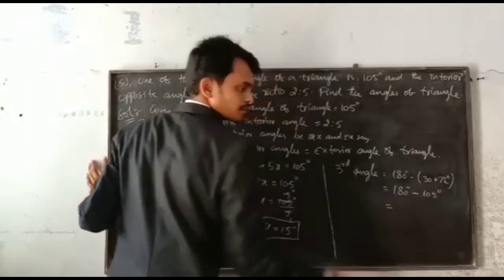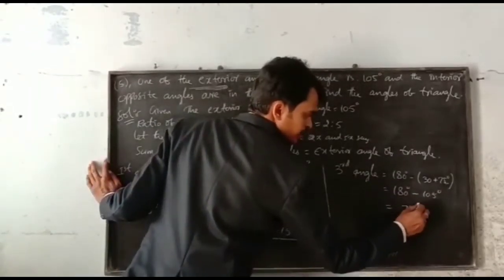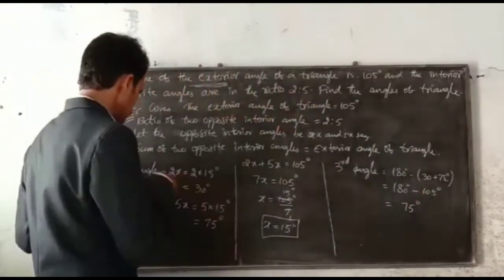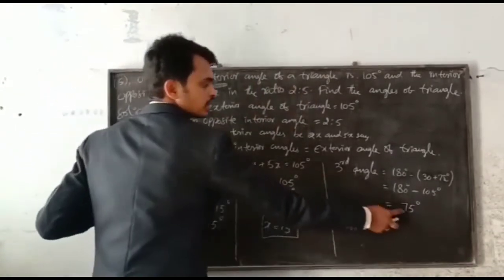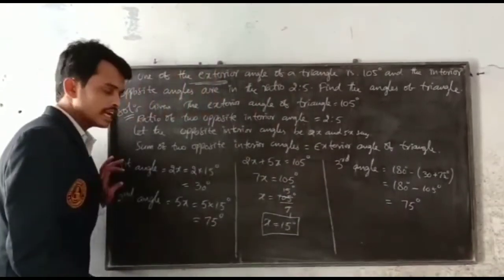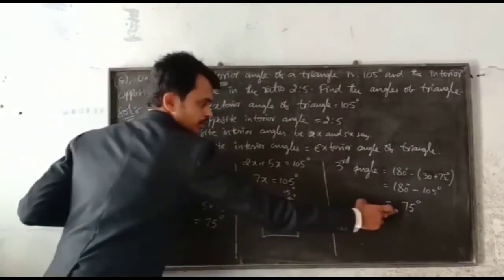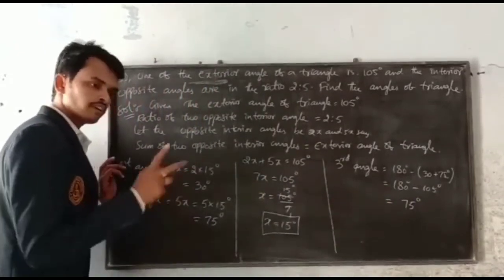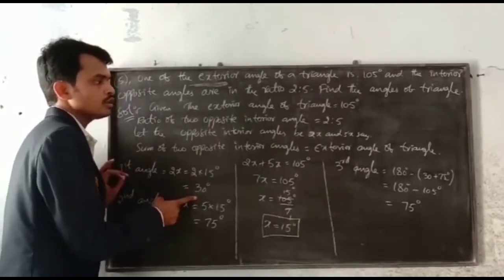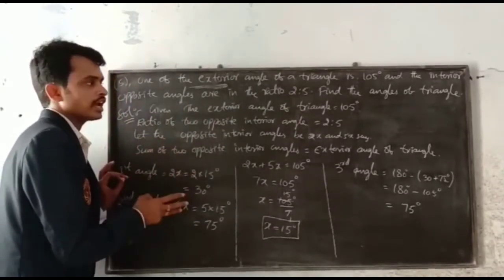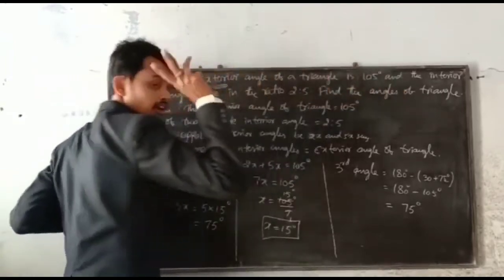So from 180, subtract 105, remaining 75 degrees. So the first angle is 30 degrees, the second angle is 75 degrees, the third angle is 75 degrees. Let us add: 75 plus 75 is 150, 150 plus 30 is 180 degrees. These are the three angles of the triangle.